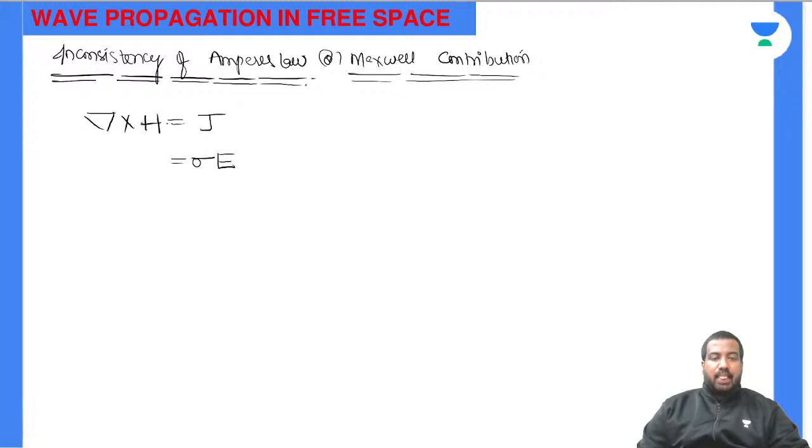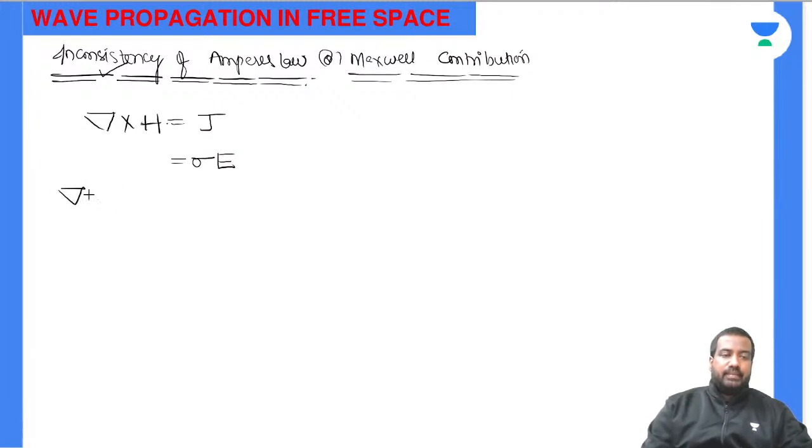Everyone, is that clear? So what Maxwell has done is, he said that Ampere's law is inconsistent. To show that Ampere's law is inconsistent, he took the divergence on both sides.